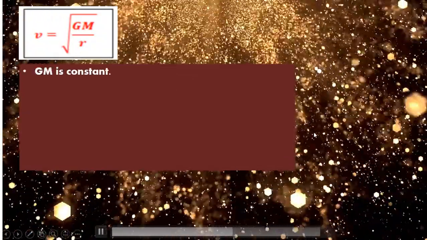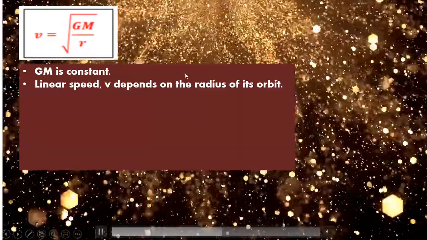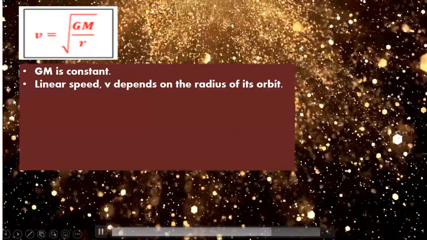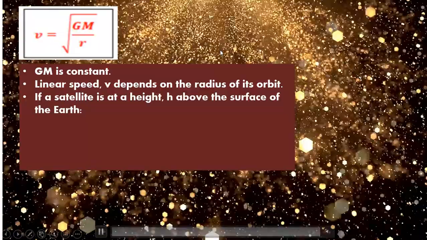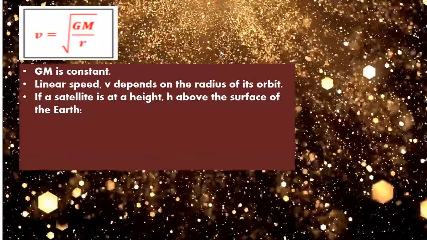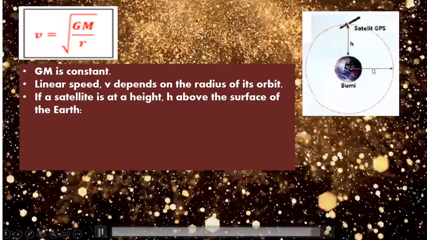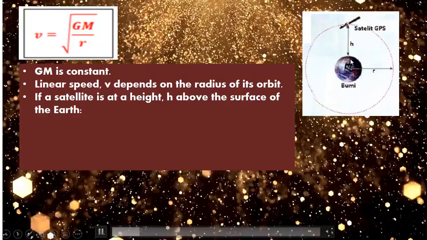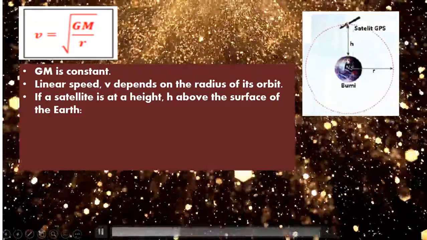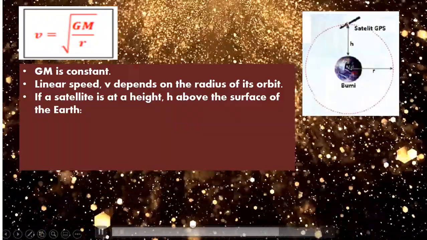GM is constant. G is the gravitational constant, M is the mass of the Earth, and then linear speed v depends on the radius of its orbit. If the satellite is at a height above the surface of the Earth, h is the height from the surface of the Earth to the location of the satellite.